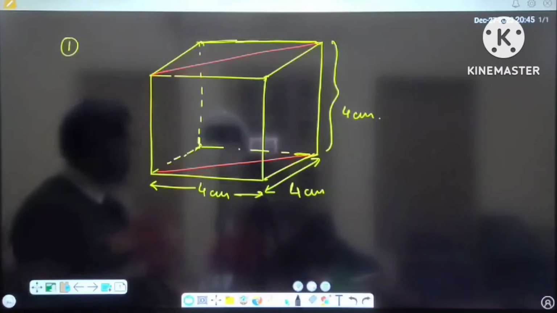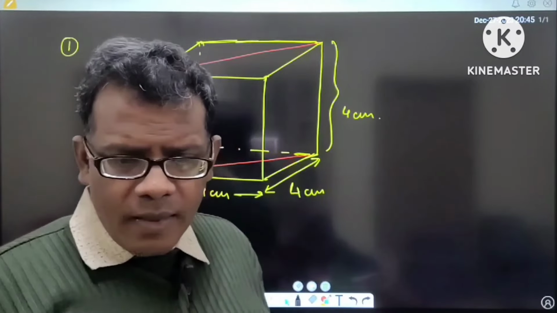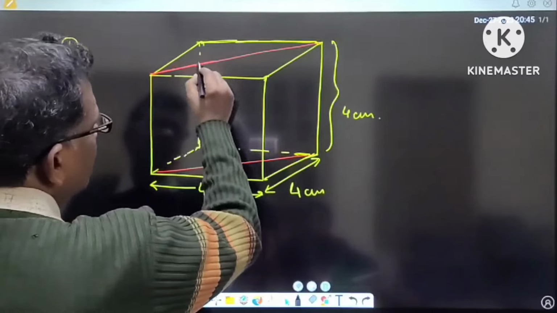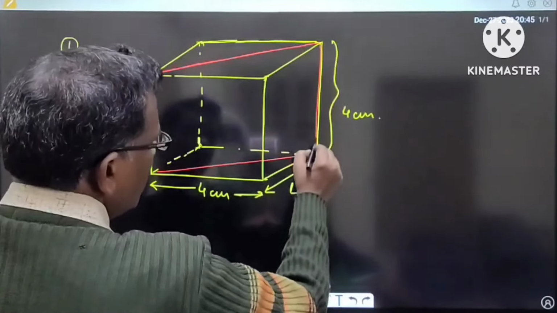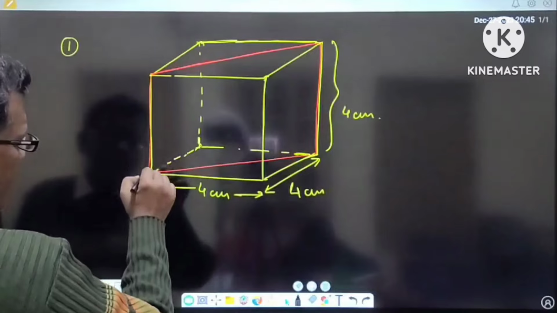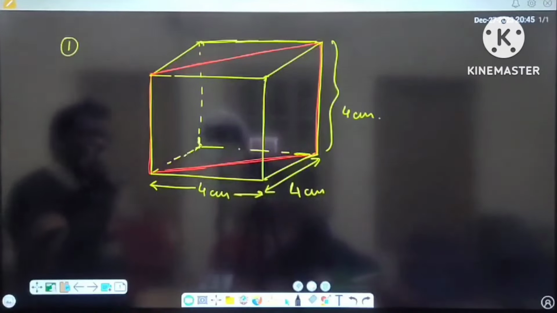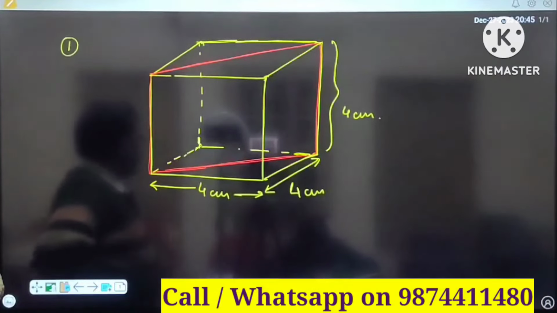Are you able to understand the geometry? The cube is cut by this plane. The given cube is cut by this diagonal plane. Can you imagine the geometry?